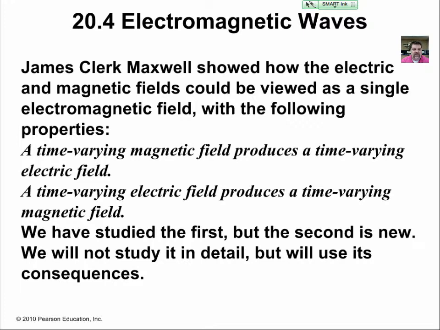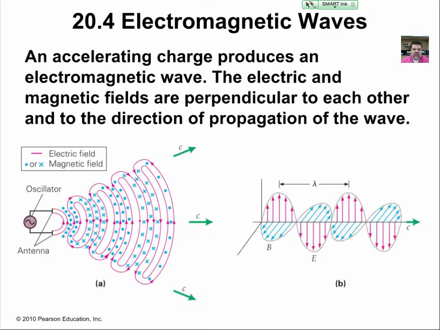He also noticed that a time-varying electric field produces a time-varying magnetic field. We have studied the first, but the second is new. We will not study that in full detail in this chapter, but we'll use its consequences. It's that second one we'll think about, but we won't mathematically show the exact correlation just yet.